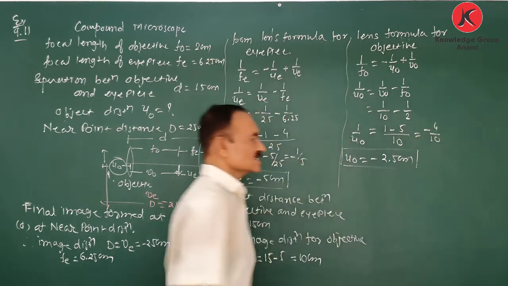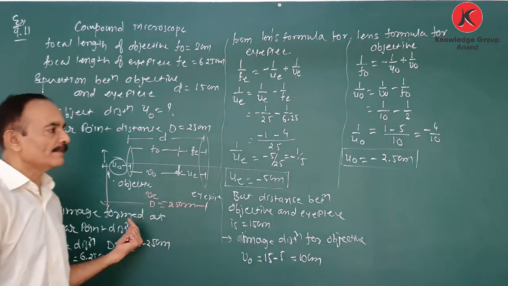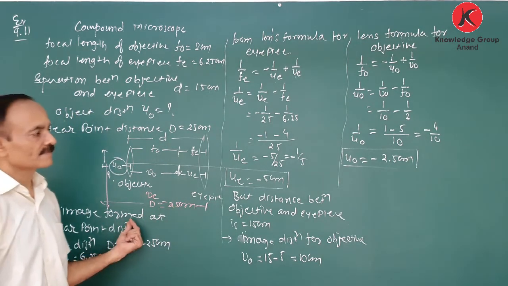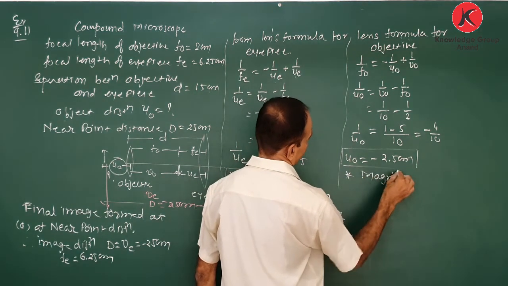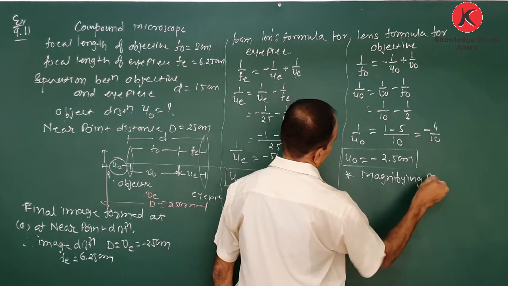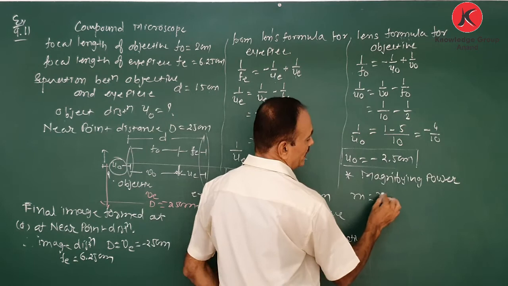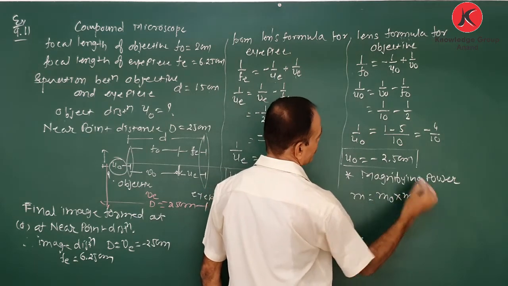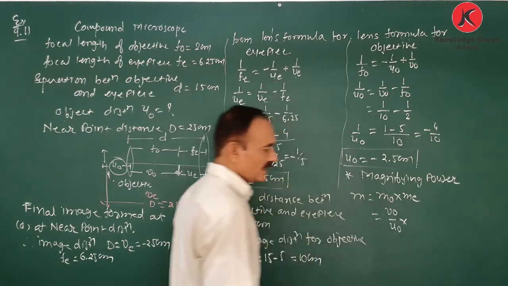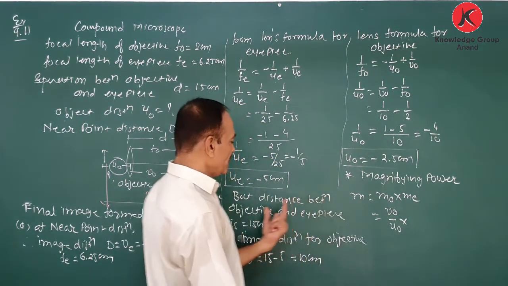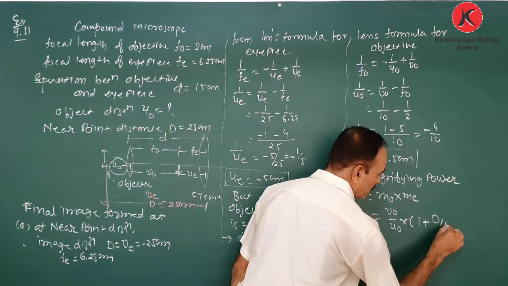So that is the distance of the object from the objective to obtain the final image at near point distance D. Now, what is the magnification? The magnifying power. Magnifying power M is equal to MO into ME. MO is V0 upon U0, into ME. Here the image is formed at near point distance, therefore the magnification is 1 plus D upon FE.